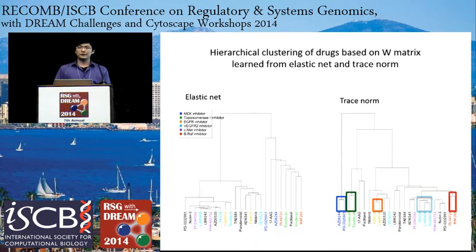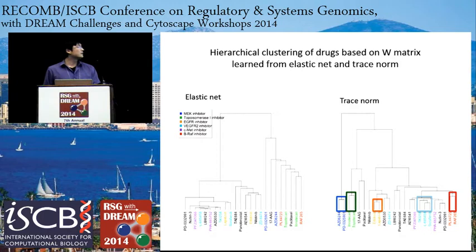So as we introduced in the beginning, we think our joint learning model will not only help us improve the performance of prediction, but will also make more biological sense. So here is a hierarchical clustering of drugs based on the weight vector, the W matrix learned from ElasticNet and trace norm. We can see with ElasticNet, the clustering is really flat.